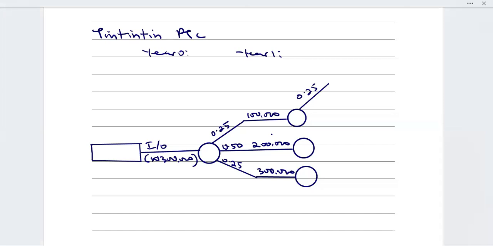Here is nil. So if cash flow in year one is 100,000, there's a probability of 0.5 that cash flow in year two will be 200,000.